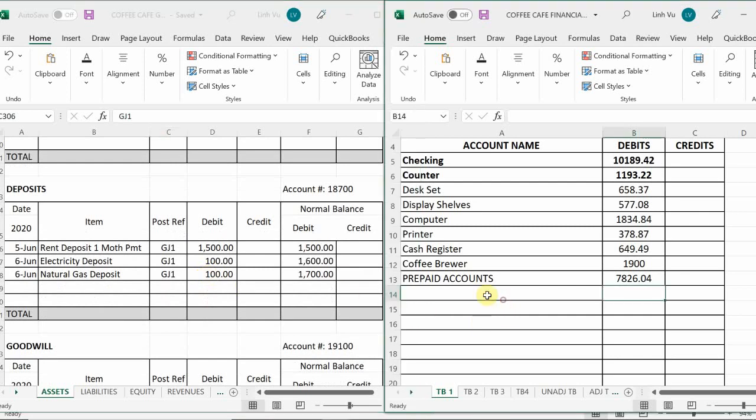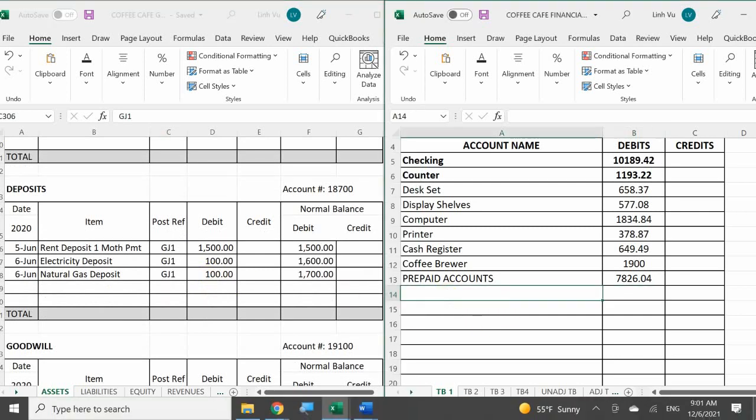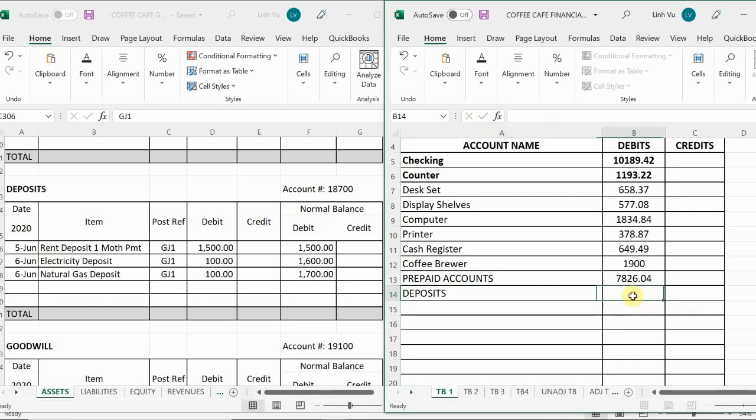Then we have deposits, right? Deposits, which include our rent, electricity, and gas. Okay. For $1,700.